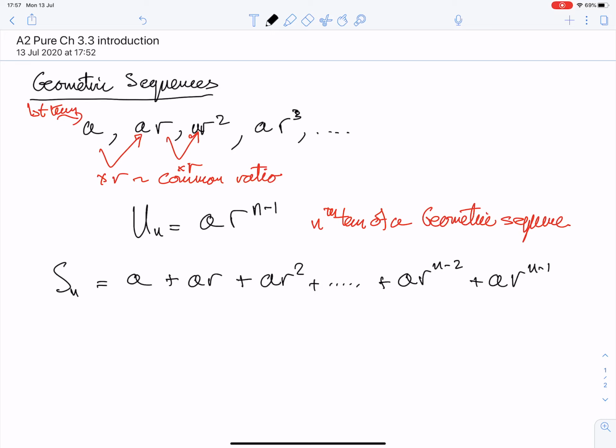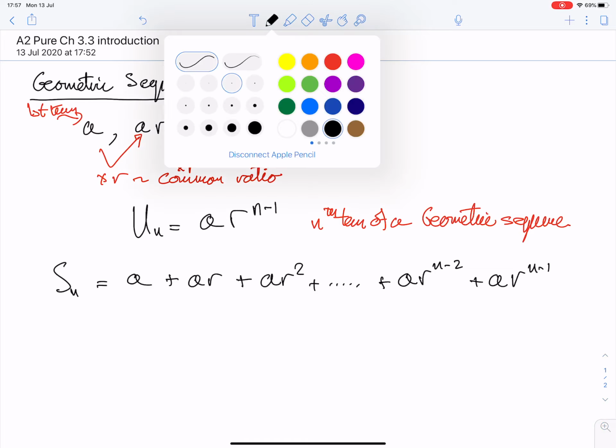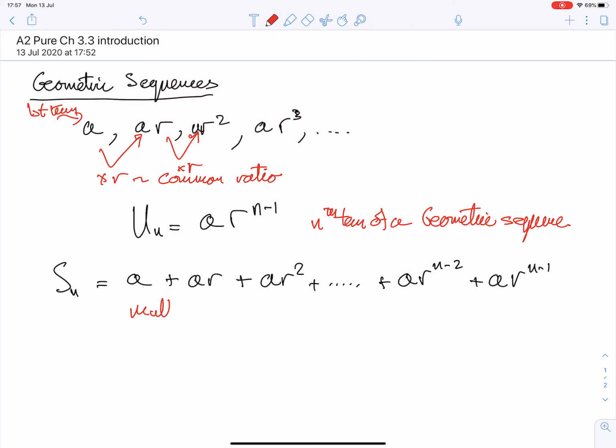So we now need to multiply, and we're going to multiply Sn by r. So in terms of remembering the proof, we multiply by r, so we get rSn equals, multiplying a by r gives us AR, multiplying AR gives us AR squared plus AR to the n minus 2.